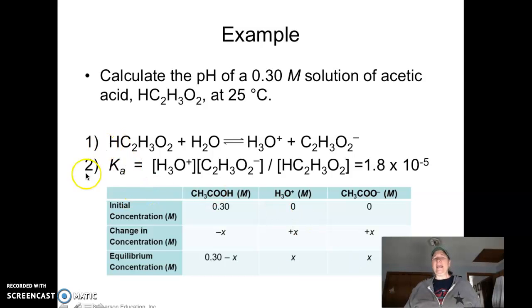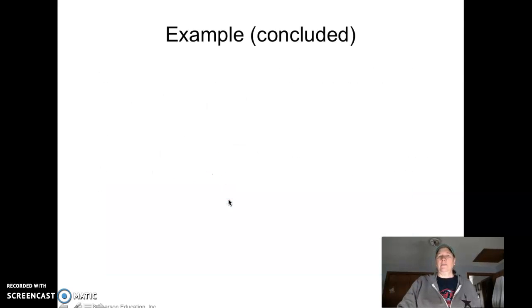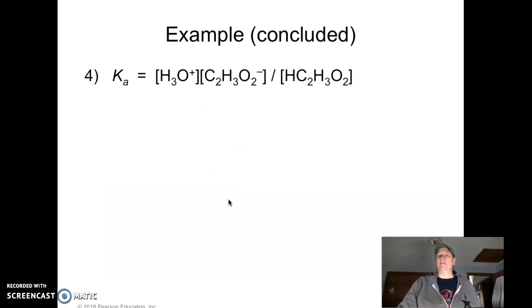The Ka is in a chart, 1.8 times 10 to the minus 5. And after this lecture, I'll have that chart for you so you can have it. But again, it's going to be my two products over my acid that I started with, okay? Then when we go here, we set that up, plug in the answers.